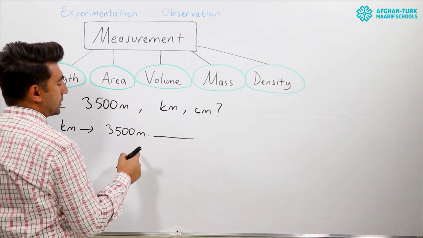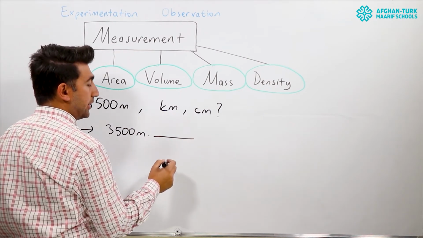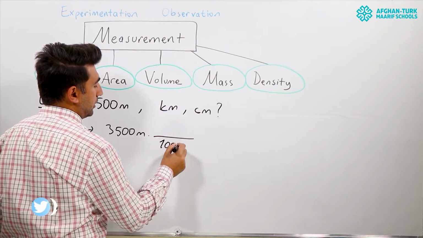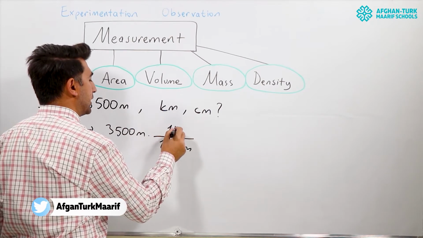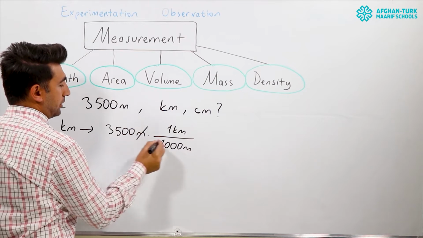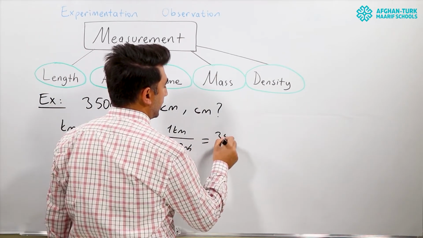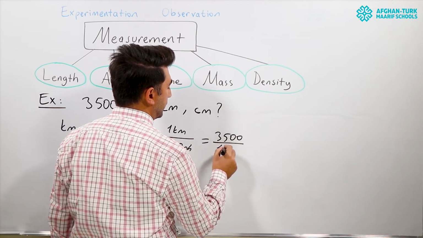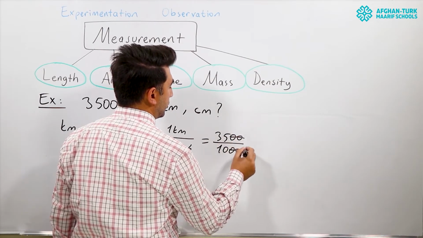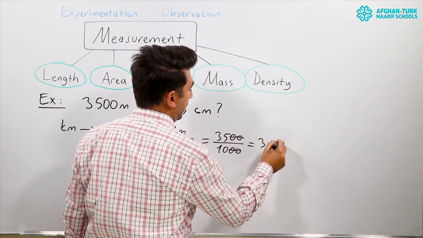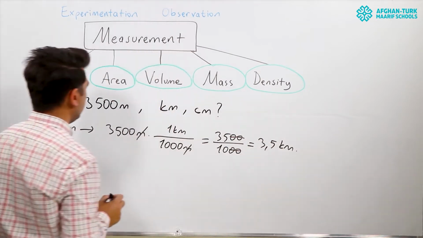In order to cancel out, I have to write meter into divider. So 1 kilometer is equal to 1000 meter. I will cancel out this one. So it turns out that 3500 divided by 1000. If I cancel out these two zeros, I will have 3.5 kilometer.